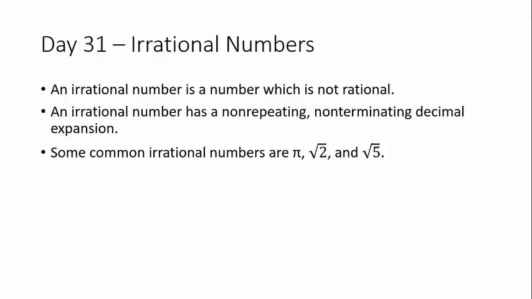The decimal expansion for an irrational number is non-repeating and non-terminating, which means it does not stop. You'll also not find a repeating pattern. Some common irrational numbers are pi, square root of 2, and square root of 5. All of your irreducible square roots are irrational.